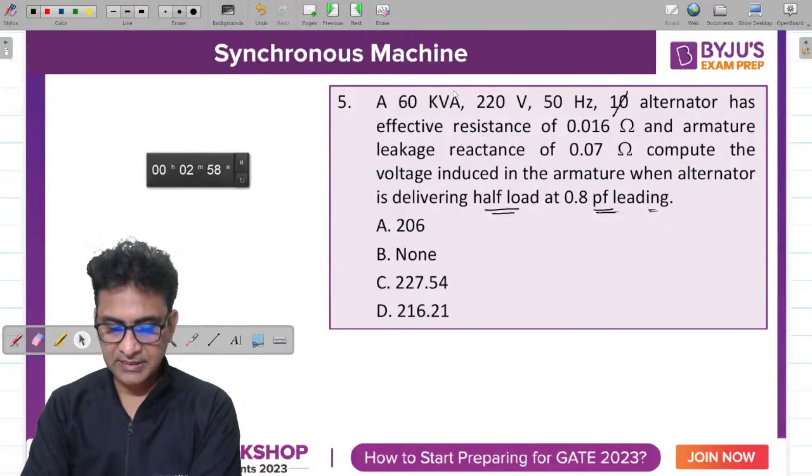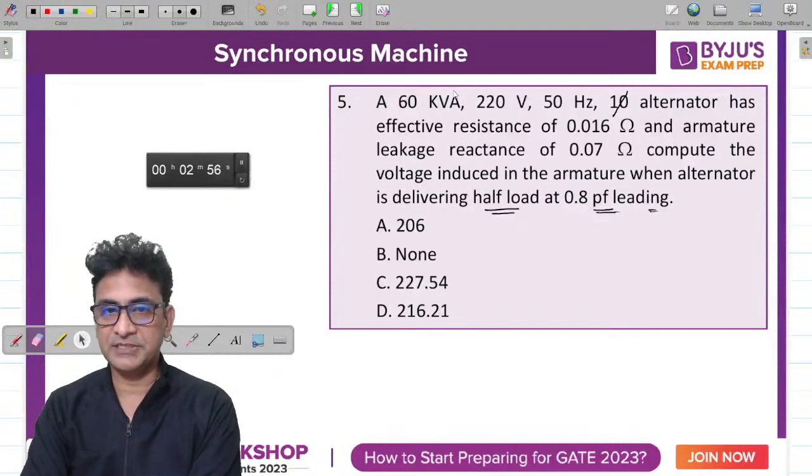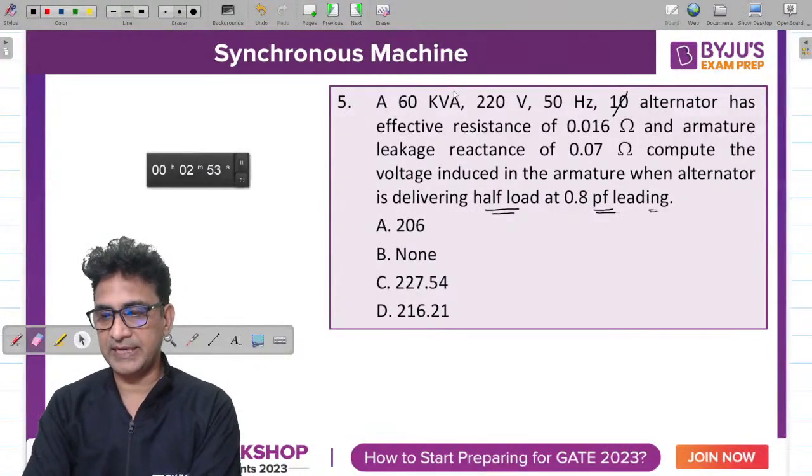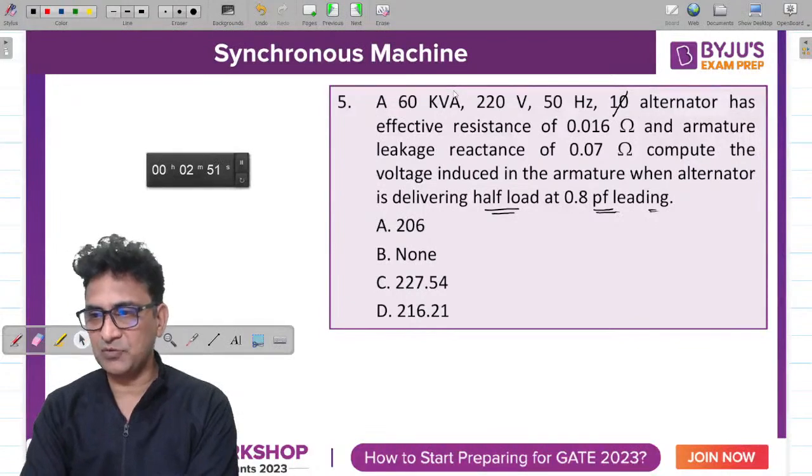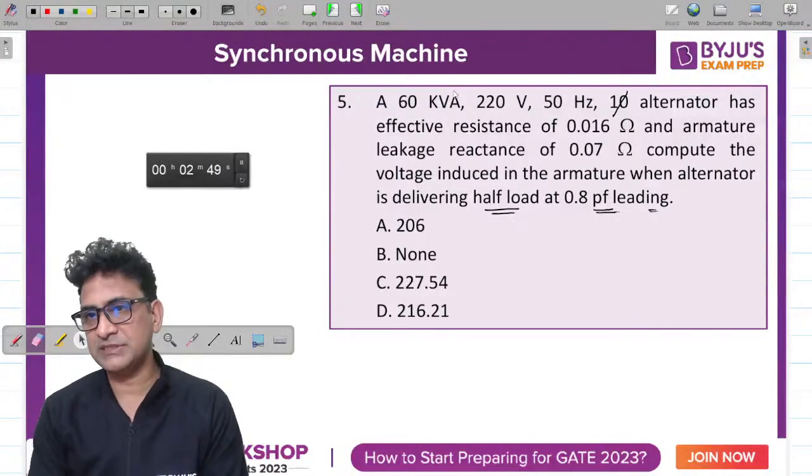In this question, they are asking about the induced EMF. It is not the excitation voltage Ef, not the excitation voltage. It is the induced EMF at the time of load condition, because the load is connected to the alternator.